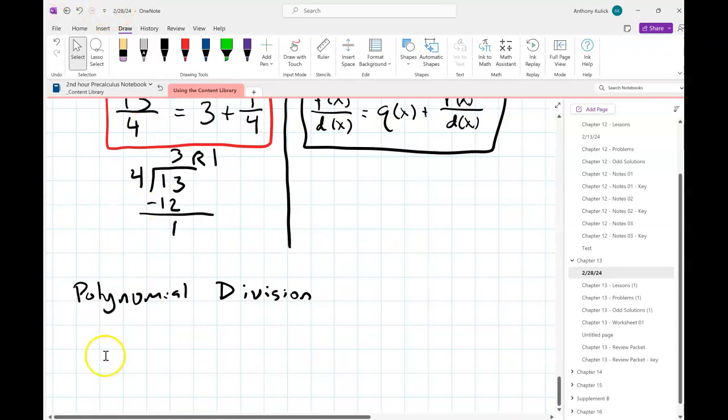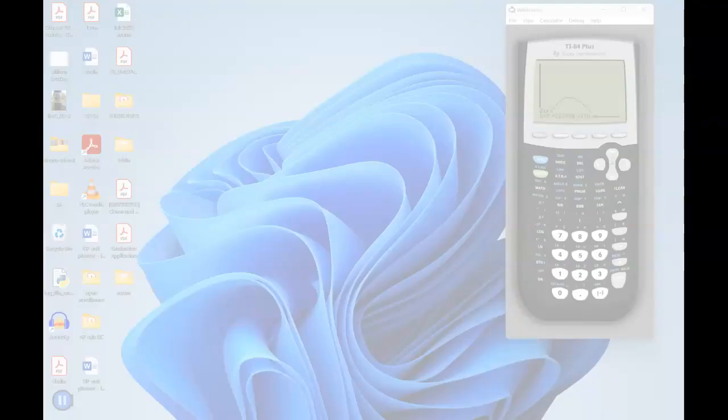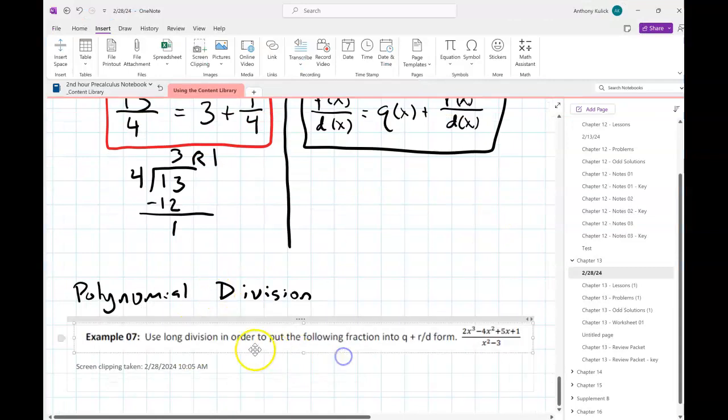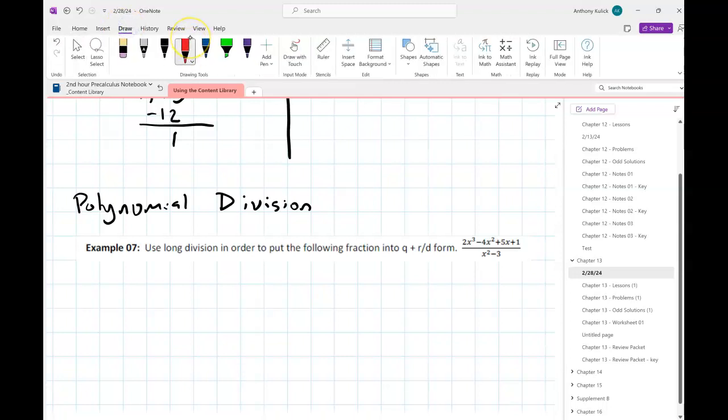Do you remember doing this last year? Okay. Ava, do you remember doing this right now? Oh, okay. Because you're in Algebra 2 right now, right? Also? Okay. Good for you guys.